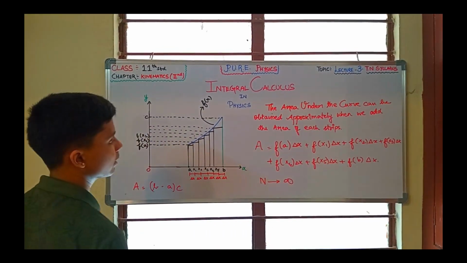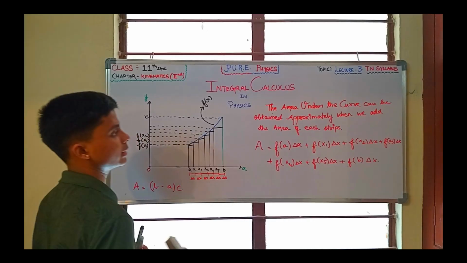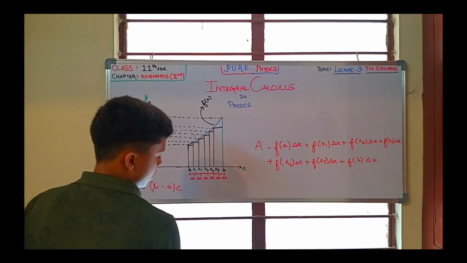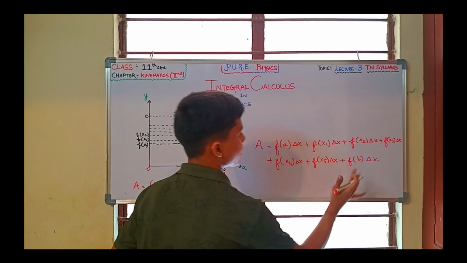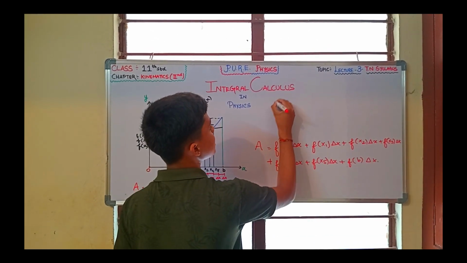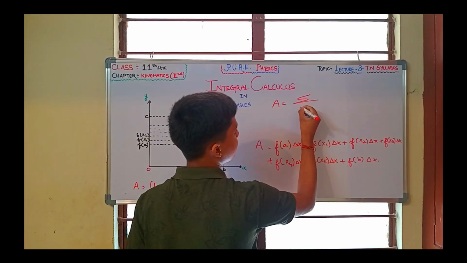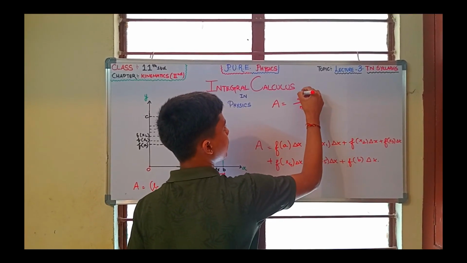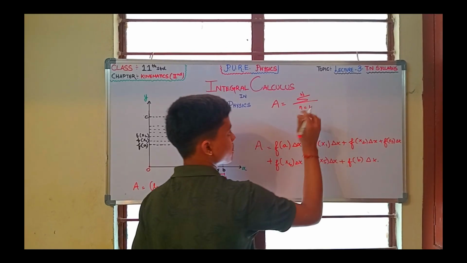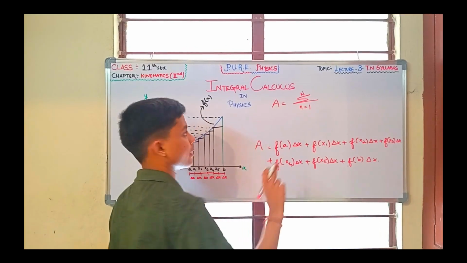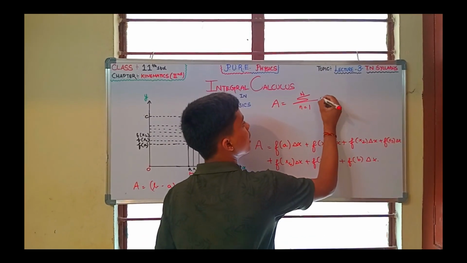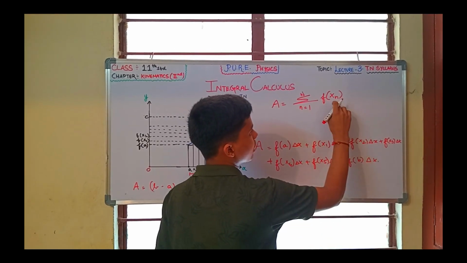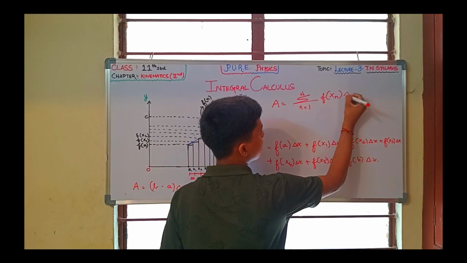I'll say how. I'll just erase this part. This can be expressed in a general form, that is A is equal to the summation from n equal to 1 up to capital N, where capital N represents the number of strips taken, of f of xn, that is all these 1, 2 are the suffix n, into delta x.